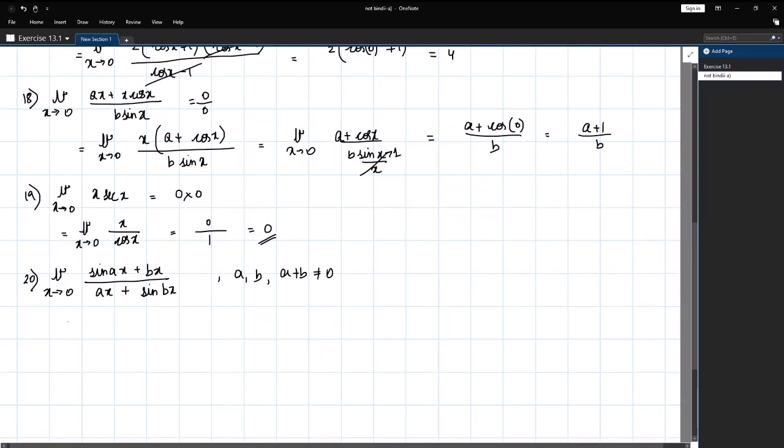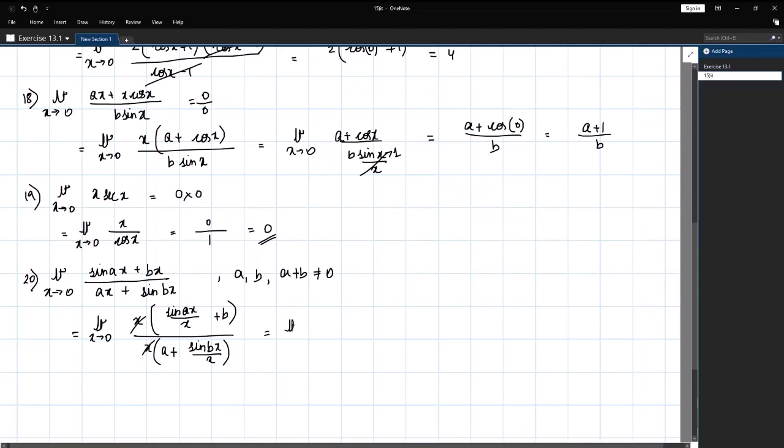To simplify this, we shall take x common in numerator and denominator. So limit x tends to 0. If we take x common, we'll have (sin ax divided by x plus b) all divided by (a plus sin bx divided by x). So x and x will be cancelled.